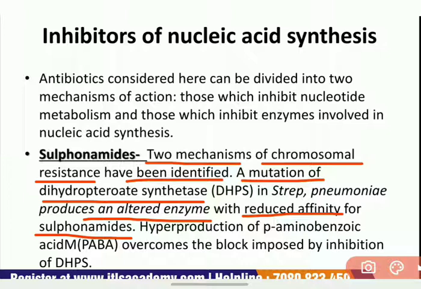Hyperproduction of para-aminobenzoic acid, that is PABA, overcomes the block imposed by inhibition of DHPS.